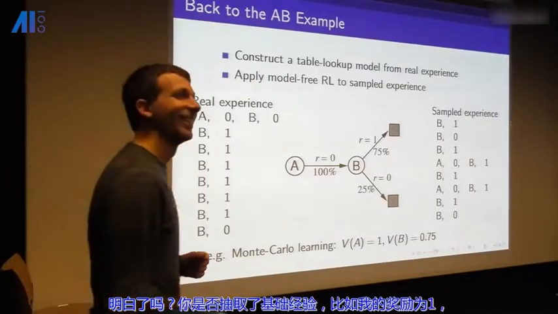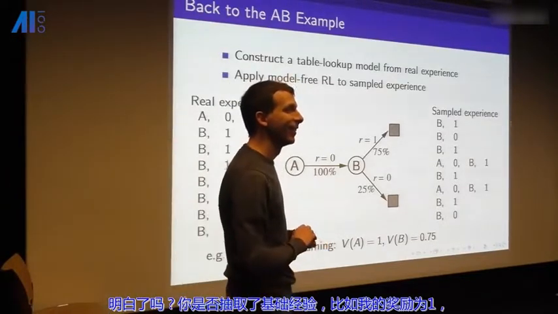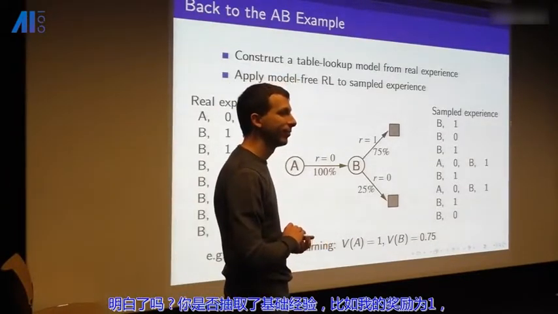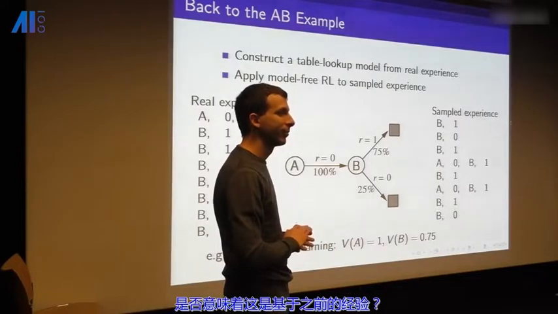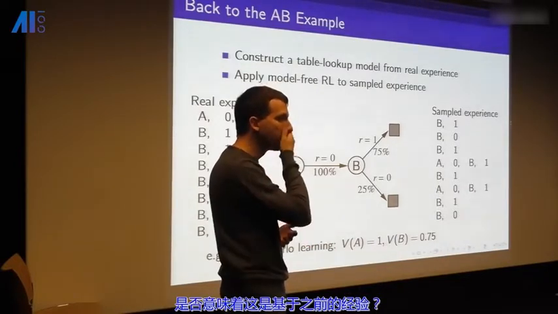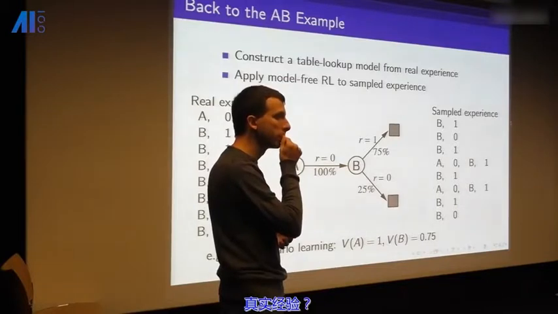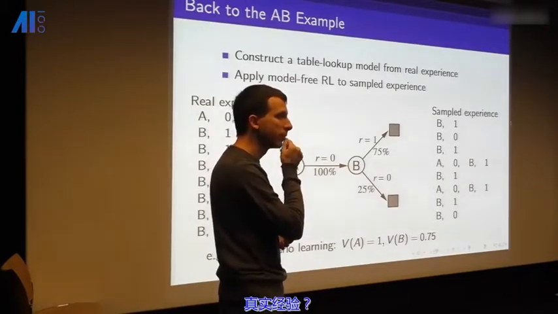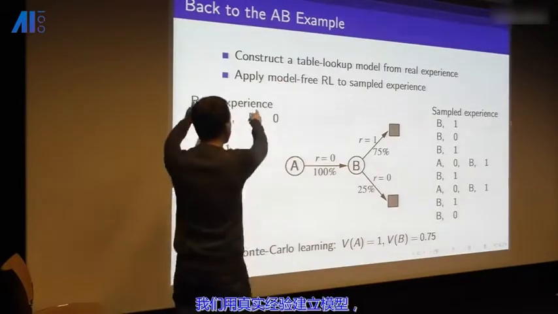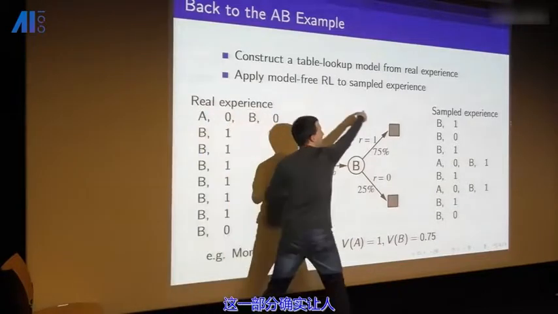No. Good. This sampled experience, you based it, so when you say I start from B and I got 1, does that mean that's based on your previous experience there, the real experience? So we just used the real experience to learn this model here.